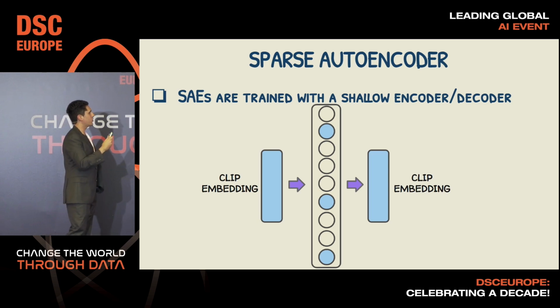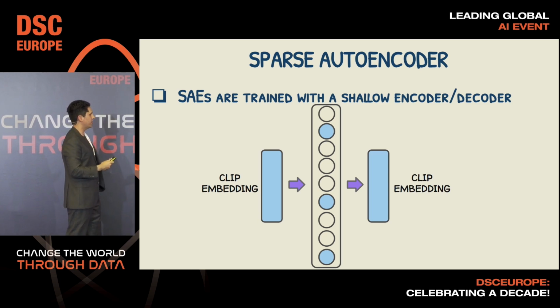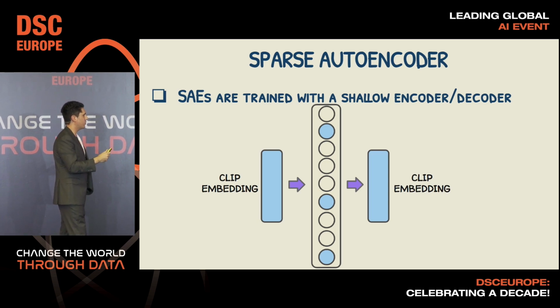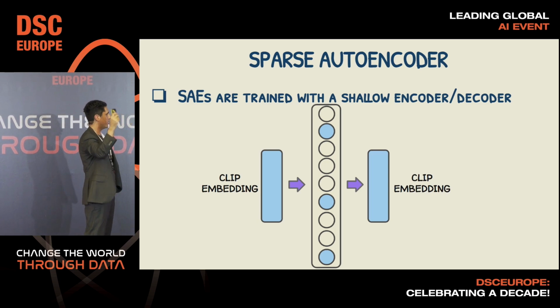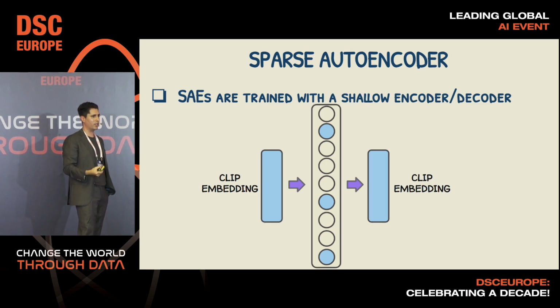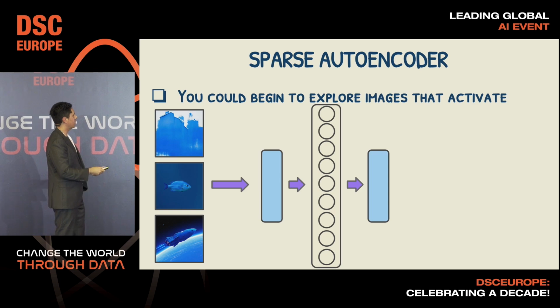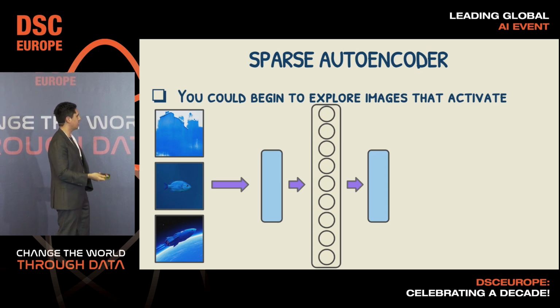So how would this actually work intuitively? Well, if you've trained this sparse autoencoder to have a bunch of monosemantic neurons, that is, only a few neurons get activated because it's so large, it doesn't need neurons doing heavy lifting of multiple concepts, you could begin to explore images that activate particular monosemantic neurons. So for example, here you can see all these images are different, right?